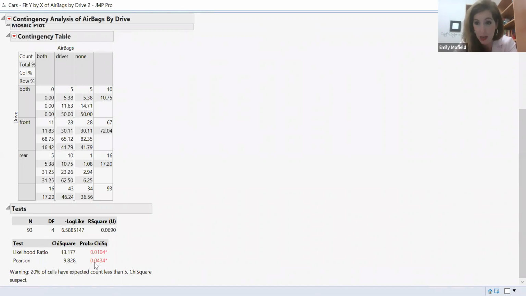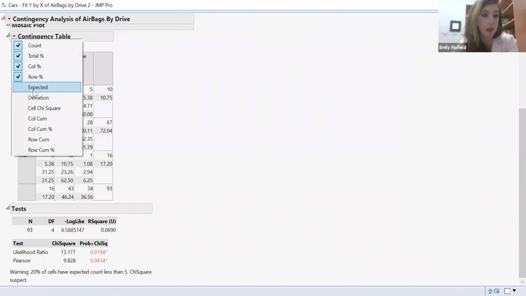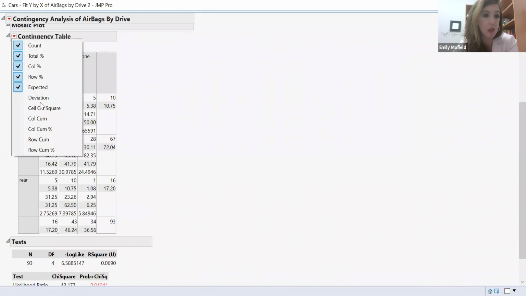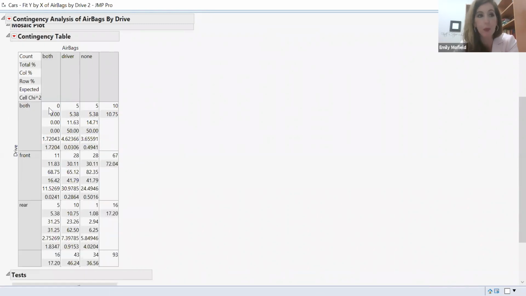But where are these associations? Like, what's associated with what? So it's kind of like I need to do a post hoc and look at where the association is. And so what I'll do, I'll go to contingency table and I'll click on expected, and then also click on cell chi-square.